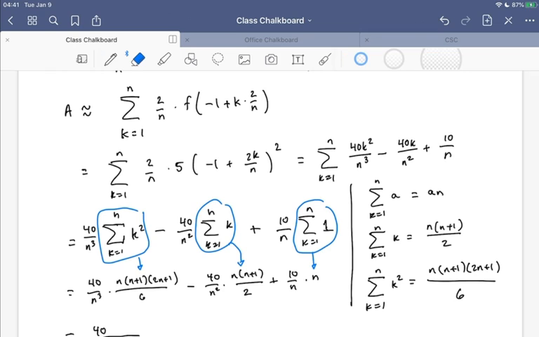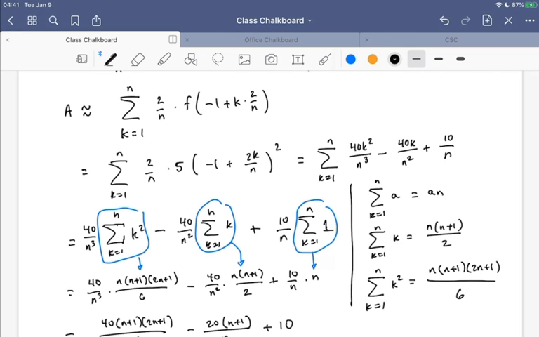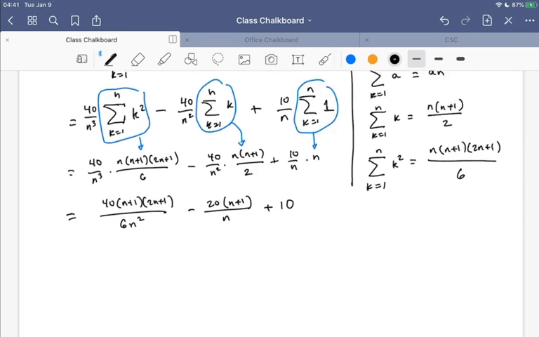Well, that fraction looks terrible. Let's try this again, shall we? 40 n plus 1, 2n plus 1 over 6n squared. And then the next term would be 20 n plus 1 over n, and then just plus 10 at the end. Okay, so we could simplify that a little. Oops, sorry. Let me scroll up a little.